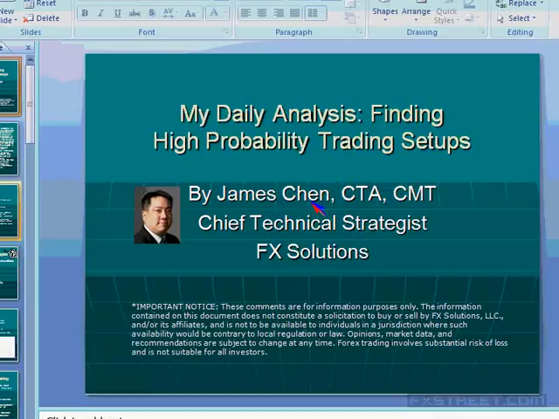On the strength weakness chart, it's very easy at a glance to see what's going on. I'm also going to possibly, in the future, do a webinar on how you could create your own strength-weakness database. It's actually pretty easy.